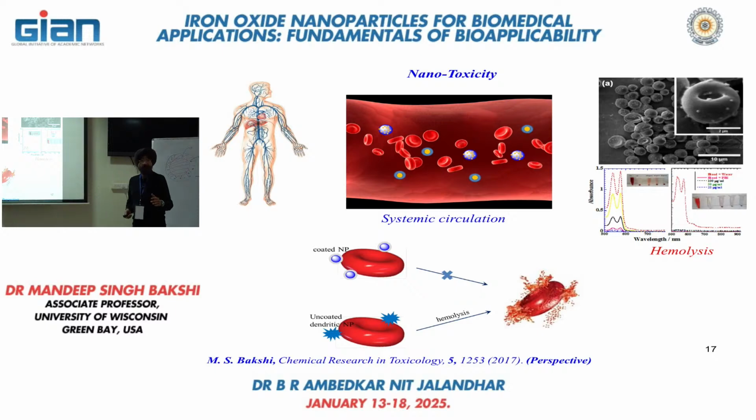I also showed you the magnetic nanoparticle from my research. When I use them, I use a specific kind of sample that is not going to break the blood cell. So this is one example of the nanotoxicity, so you should avoid that.